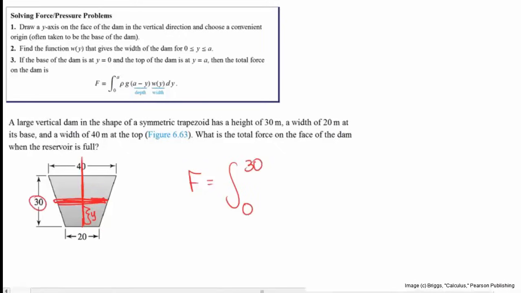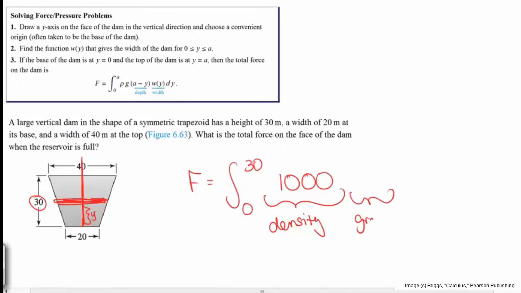Right there. Okay, so now we need our density, that's rho. And we'll use from the previous problem, water has a density of 1,000. We need our gravity. That's 9.8 when we're in the metric system. We need our depth. So that is the total depth, 30, minus y.